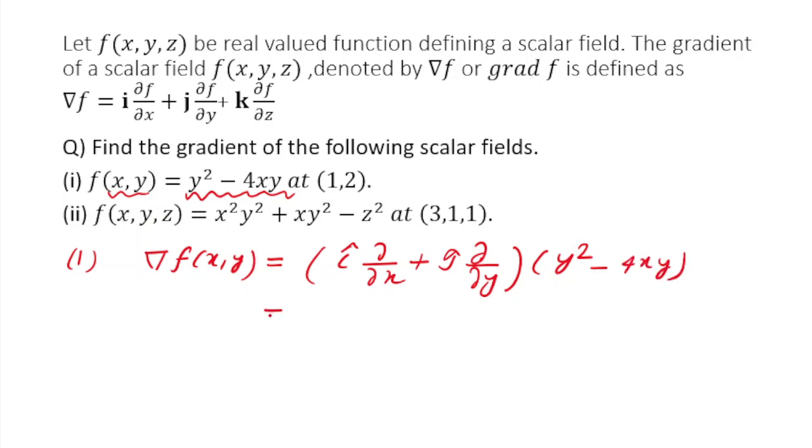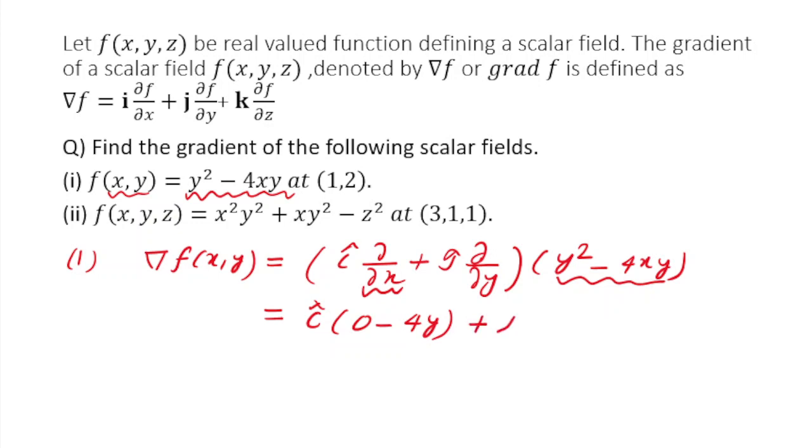So if I evaluate this, what will I get? i times del by del x of this expression. The partial derivative of y square with respect to x will give me 0, so the first term gives 0. And if I differentiate minus 4xy, I will get minus 4y, right?